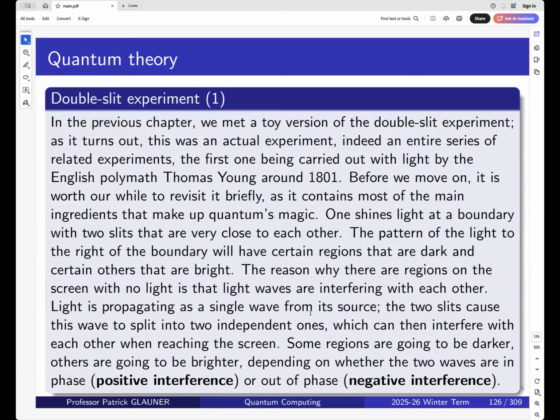So last week we started discussing the double slit experiment, and the double slit experiment is something super important to quantum theory. And we saw how these complex probabilities can cancel each other out.